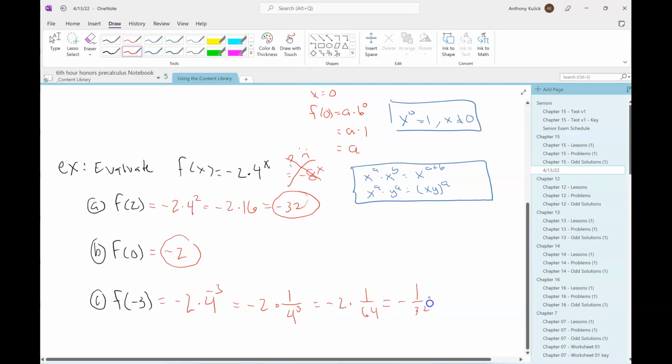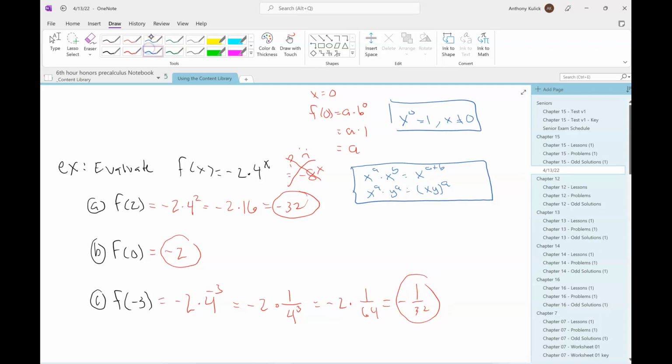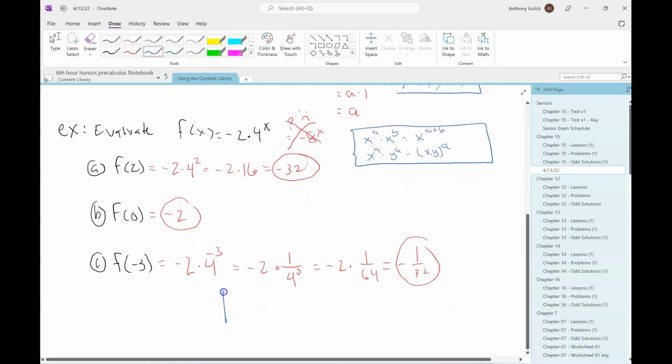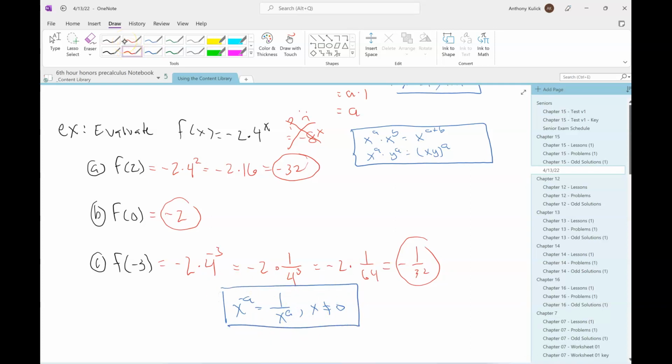So I have negative 1 over 32. So again, the property of exponents that we used there was that.